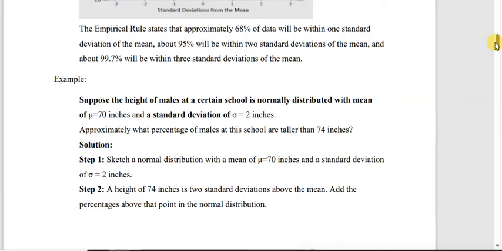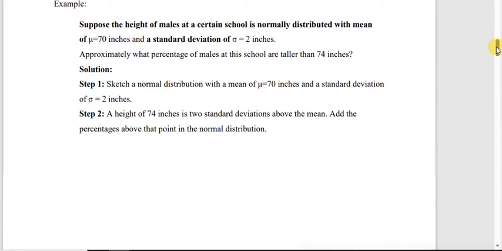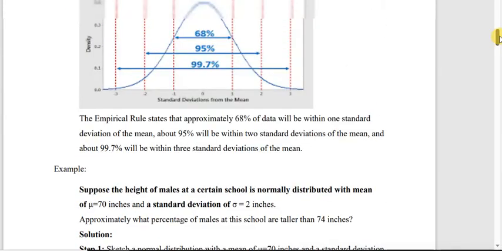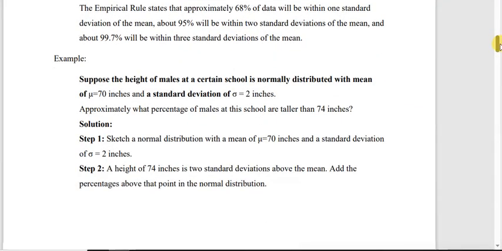So maybe we have a sketch of how this distribution looks. From there, we are going to locate where 74 inches is. From our previous overview of the empirical rule, you can see easily that 74 is based on the mean.